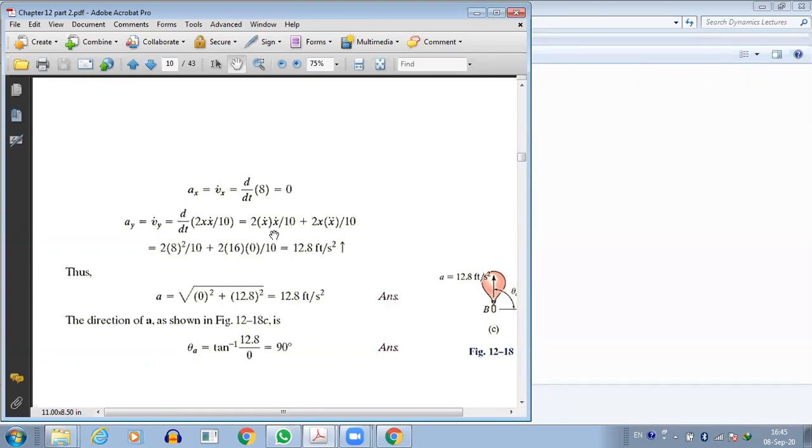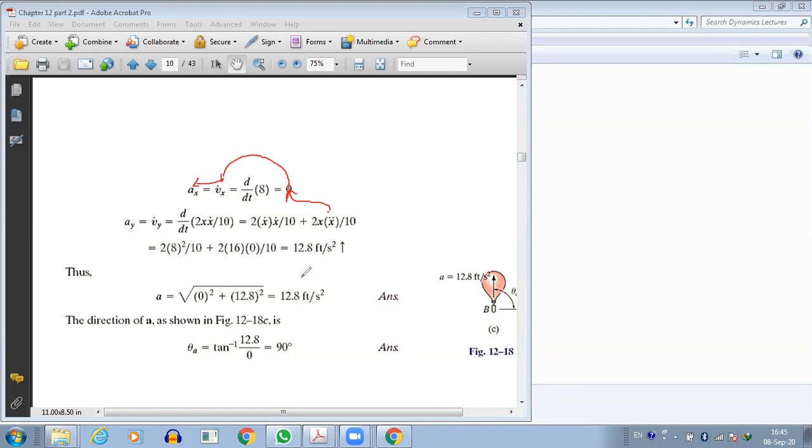Then you just substitute the values, because now we know all the things. We have x double dot. Now where is x double dot? Yes, we have it, but you don't see it here because x double dot is the same as vx dot, which is the same as ax.